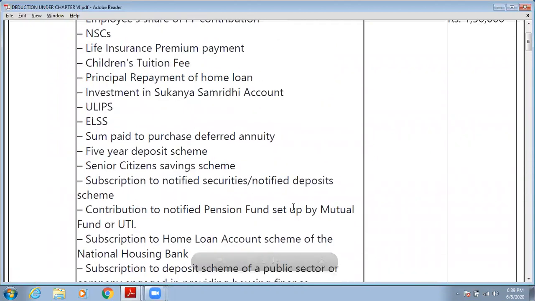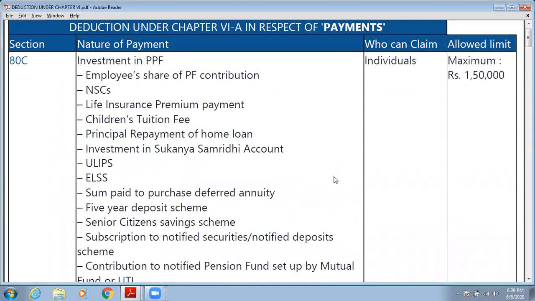If you are investing some amount in these following schemes, then you will be allowed a deduction under section 80C.